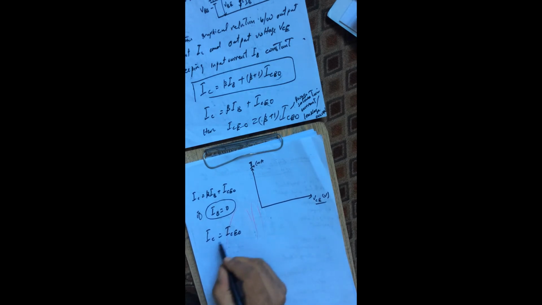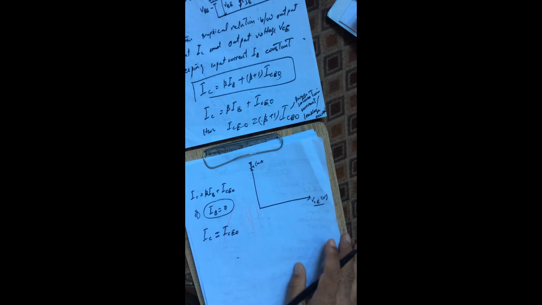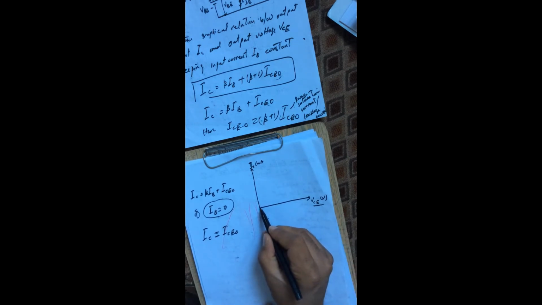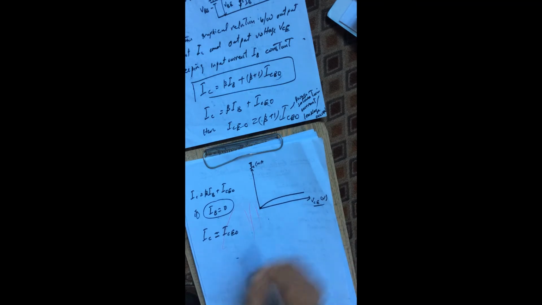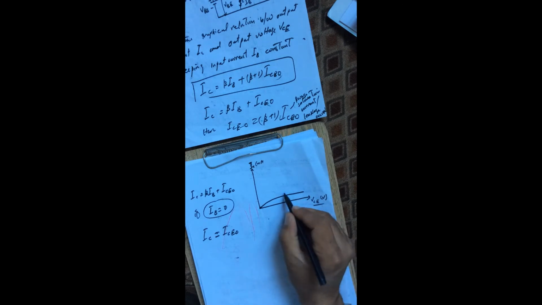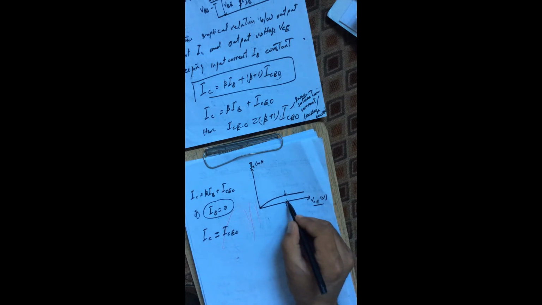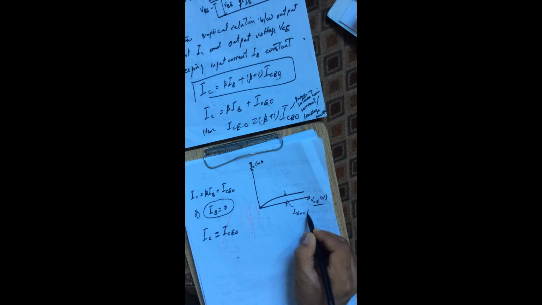So the output current is only due to the leakage current or the reverse saturation current, and we know that the reverse saturation current of a diode is like this. This is the reverse saturation current ICEO, which is equal to beta plus 1 ICBO.